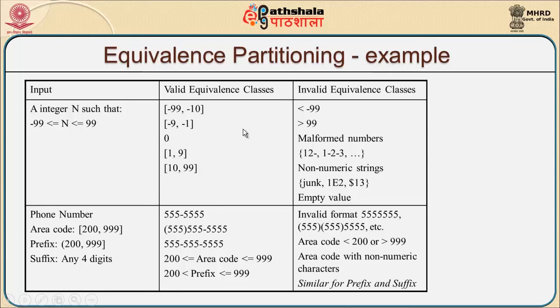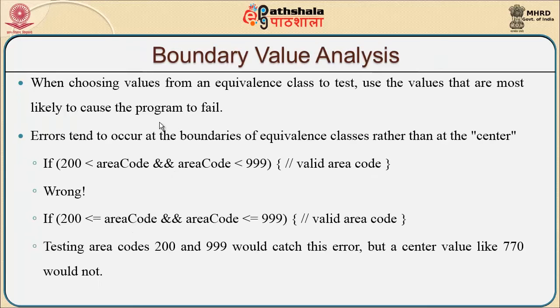Likewise, we take at least one value from an equivalence class to test initially, and if a tester feels that this testing is not complete, then he can go on to other values also. So that was equivalence class testing, where within the acceptable range we are able to test it.